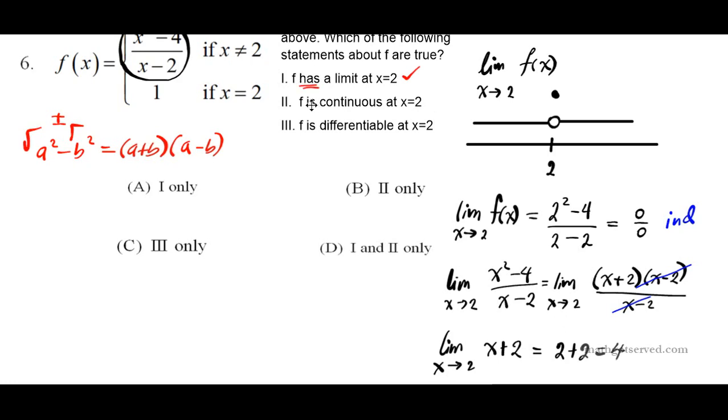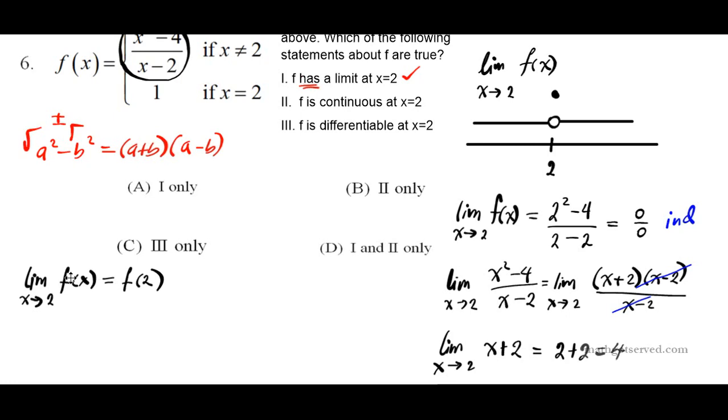Option 2, f is continuous at x equals 2. What does that mean? A function is continuous at a point if the limit as x approaches that point, in this case 2, of the function is equal to the value of the function when you evaluate the function at that value that x is approaching.